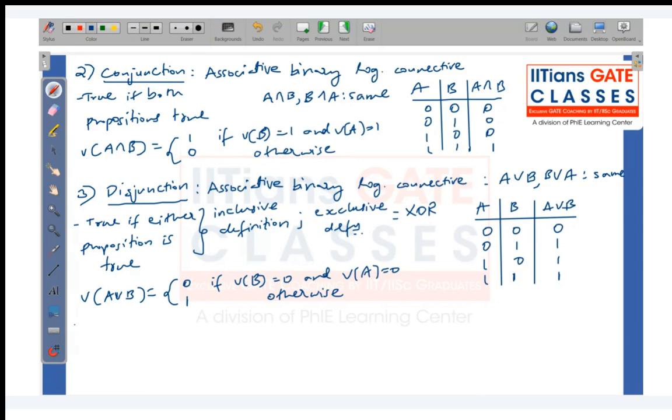Okay. We give an example here. The elephants are green, or George wears green boots.